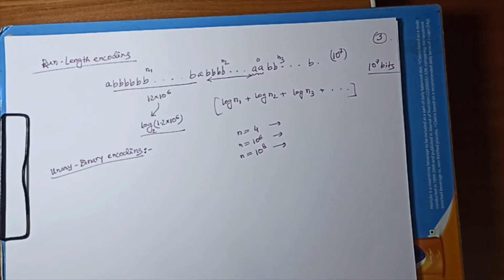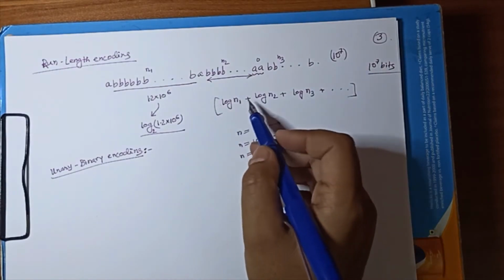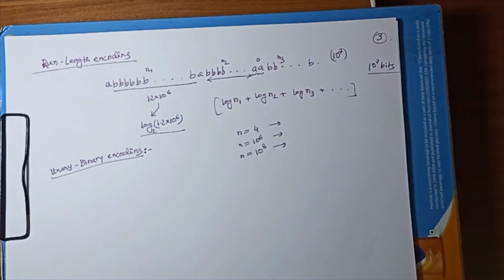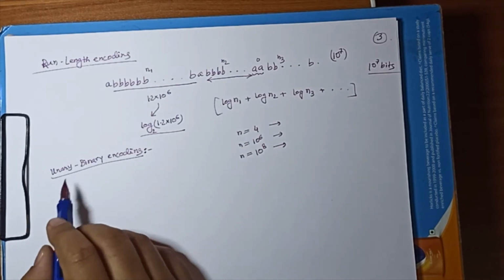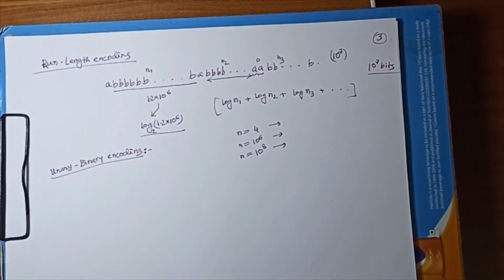So such that it becomes a unique representation and it will take 2 into log n1 bits. So I am giving you this unary binary encoding scheme, and this will be useful for our ZBLEMP as well. So what is my policy?